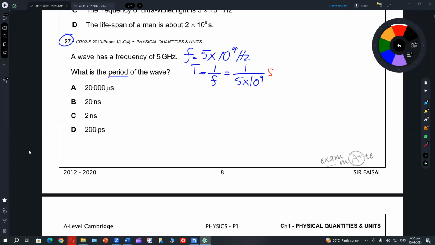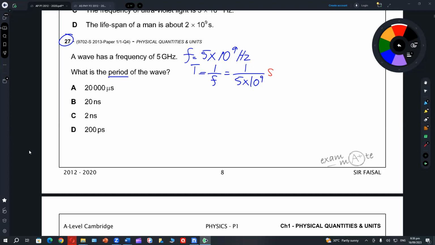Now if I convert it into microsecond, we have to convert it. It's microsecond, nanosecond, then picosecond. I have it now in second. I want to convert it, suppose, into nano.